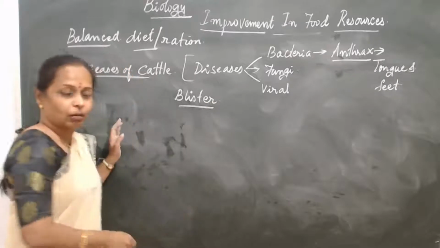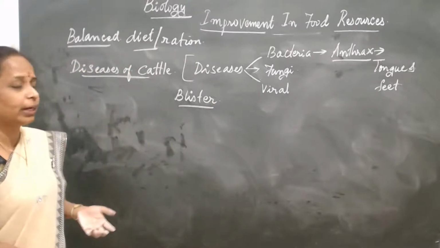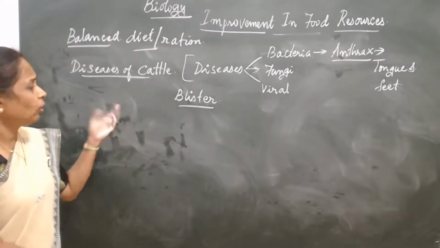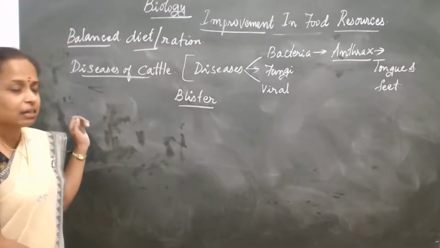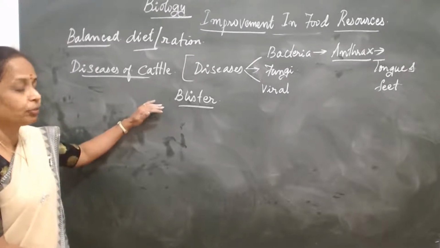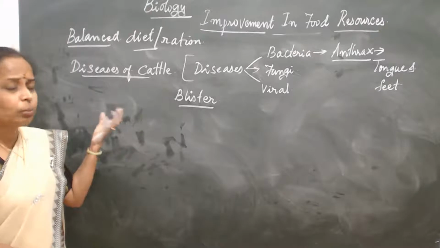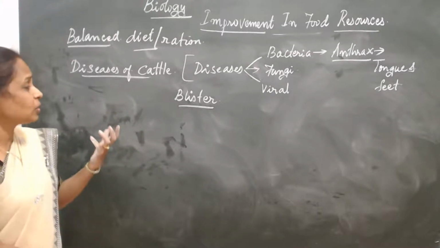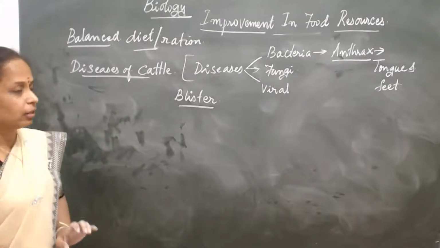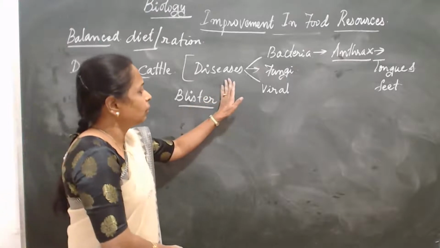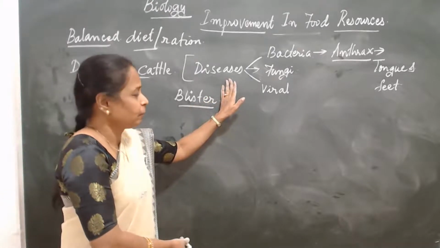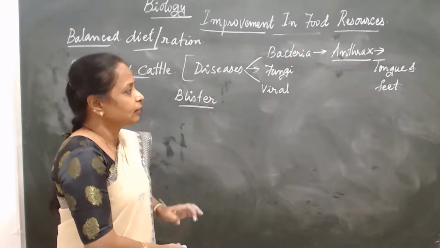Okay. What happens when you have mouth ulcers? You will not be able to eat spicy items, or you will not feel the food as very tasty, especially if the ulcer is at the edge area of your tongue. Then what happens? There will always be salivation. Your mouth is always in a watery condition. Same way, when diseases of cattle are seen, I am taking one example, anthrax.